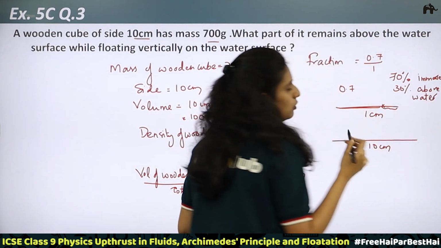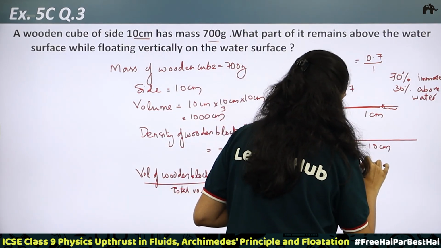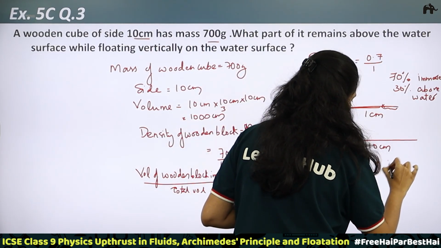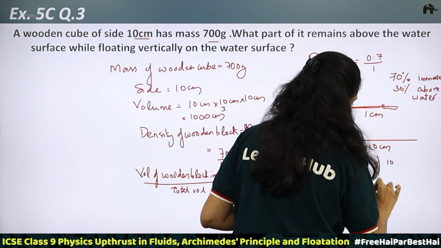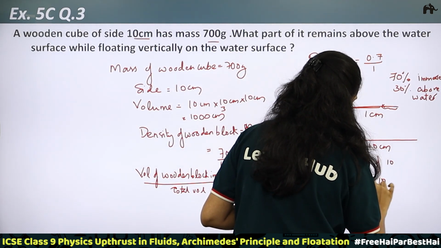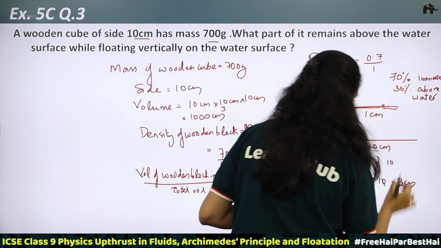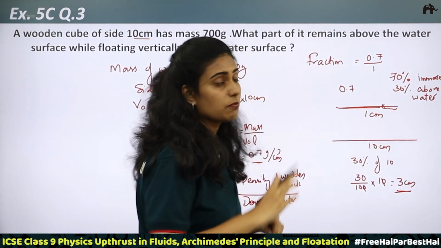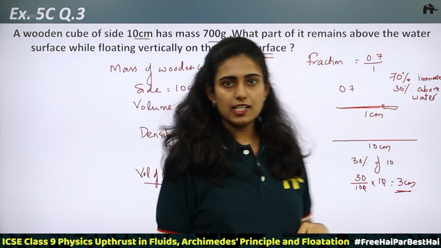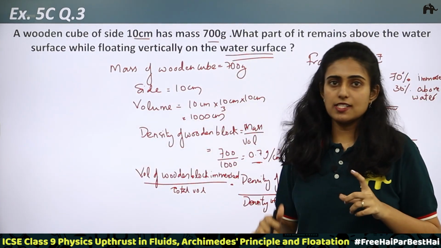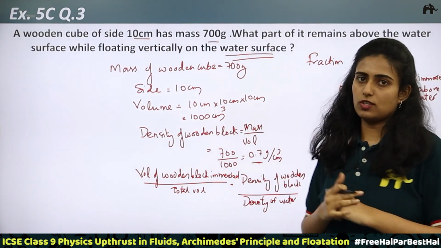So we have a block of 10 centimeter, 30% of 10. What is 30% of 10? 30 by 100 into 10, which is equal to 3 centimeter. So 3 centimeter of this block is above the water surface. Understood? 3 centimeters above the water surface and the remaining 7 centimeter is immersed in the water.